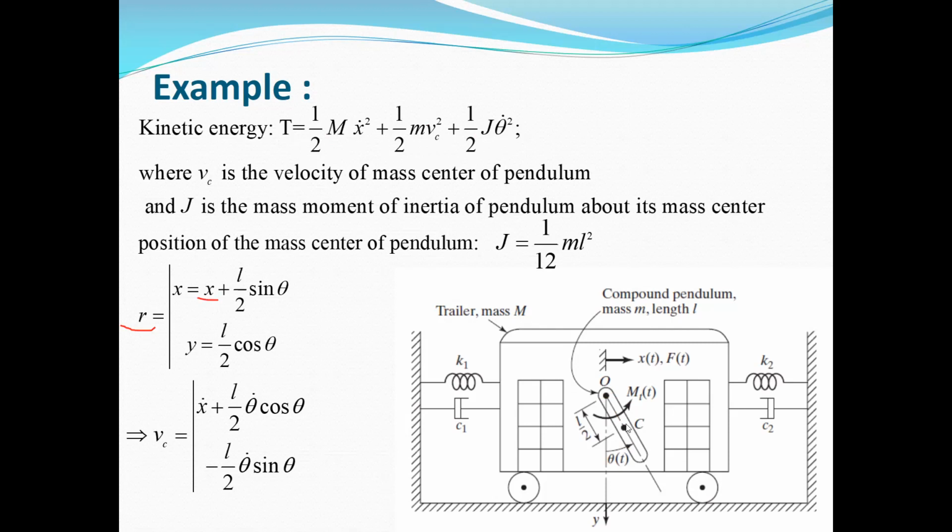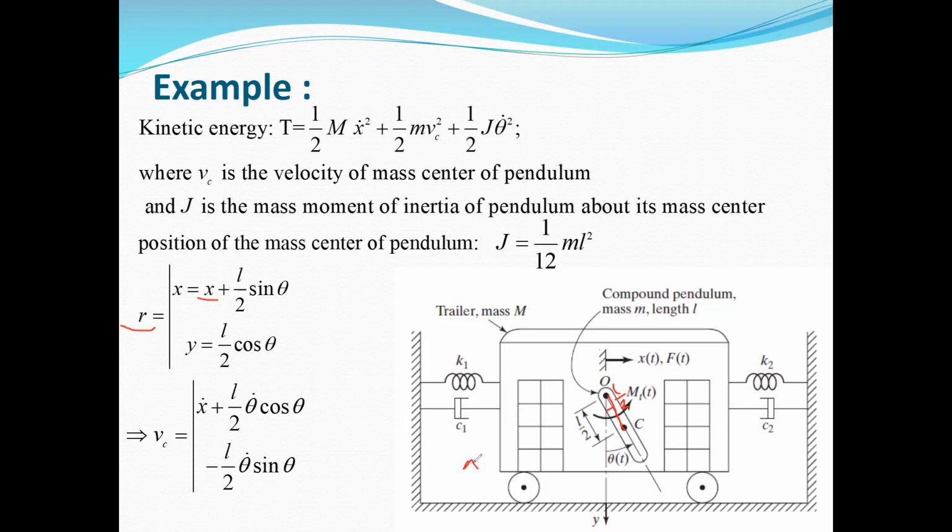Okay, this one is L over 2, half of the length of this pendulum, and this angle is theta. So if we want to measure the horizontal position of this point C, it's equal to xt, because xt is the horizontal position of point O.